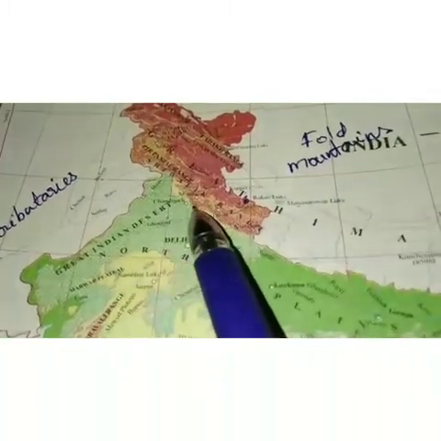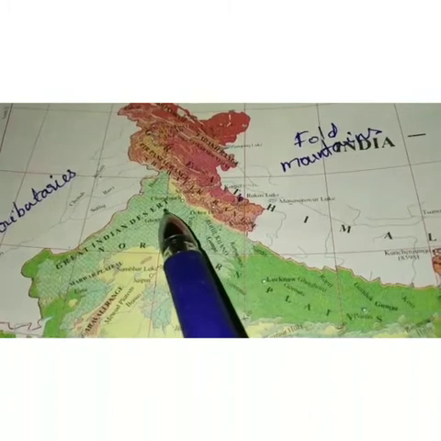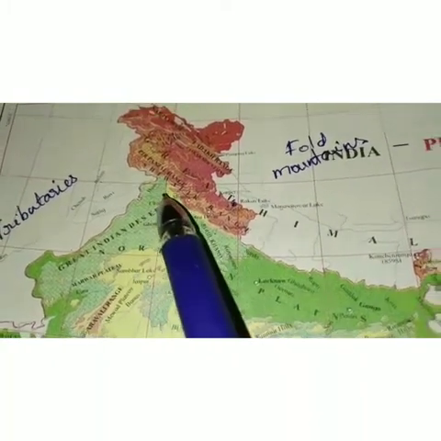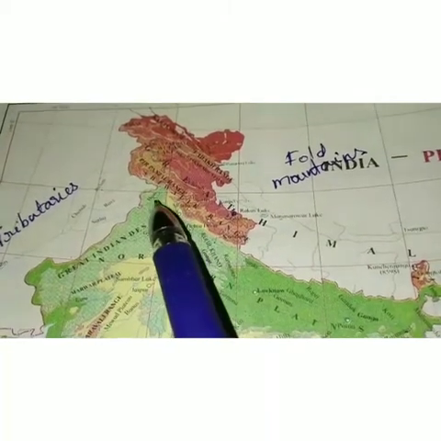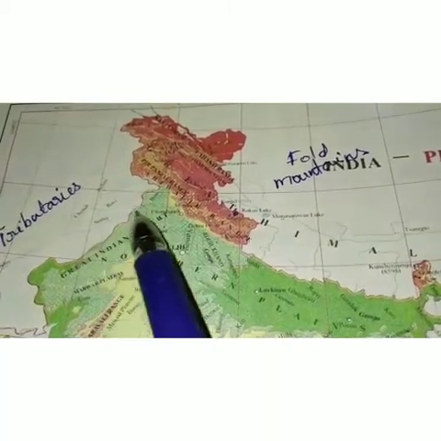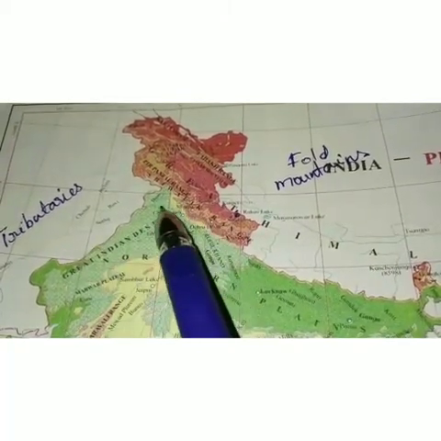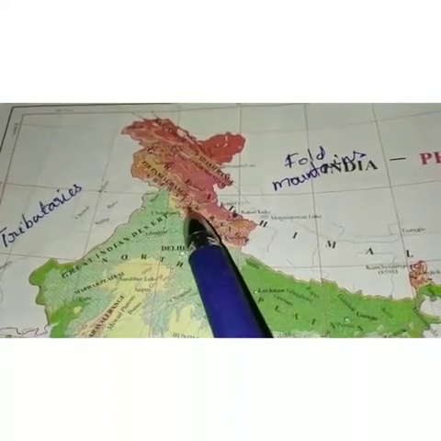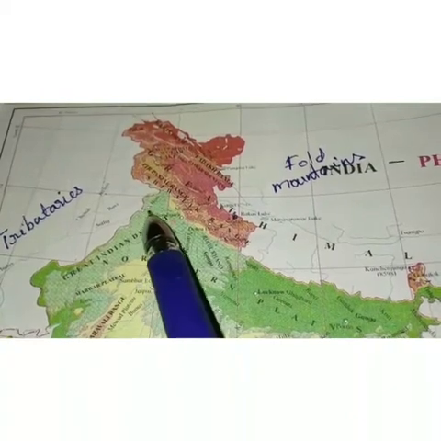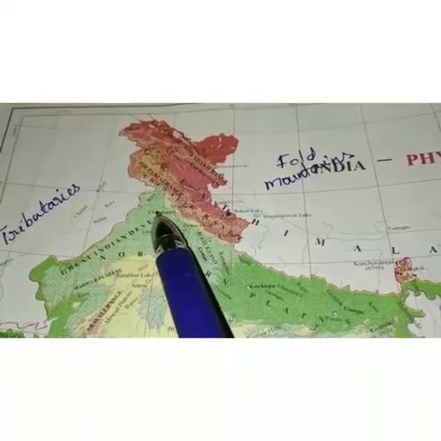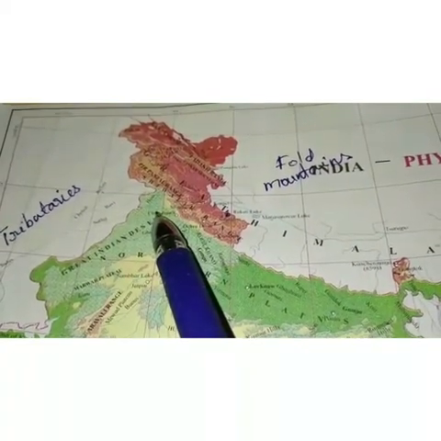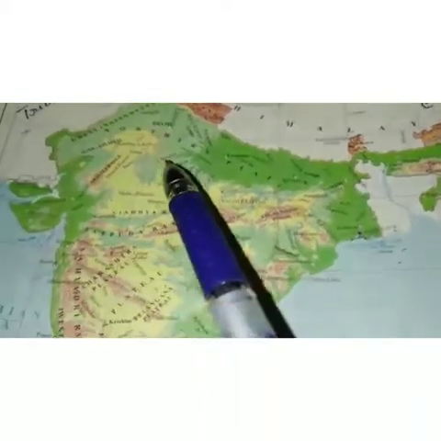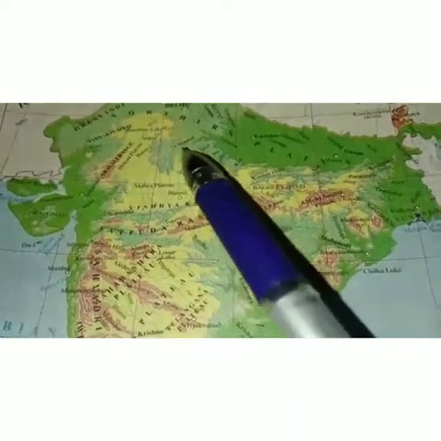The Punjab plains are formed due to the depositional work done by river Satluj and its tributaries. As the plains are formed as a result of deposition of alluvium over a number of years, these plains are very fertile. As a result of fertility, agriculture is largely practiced in this region.